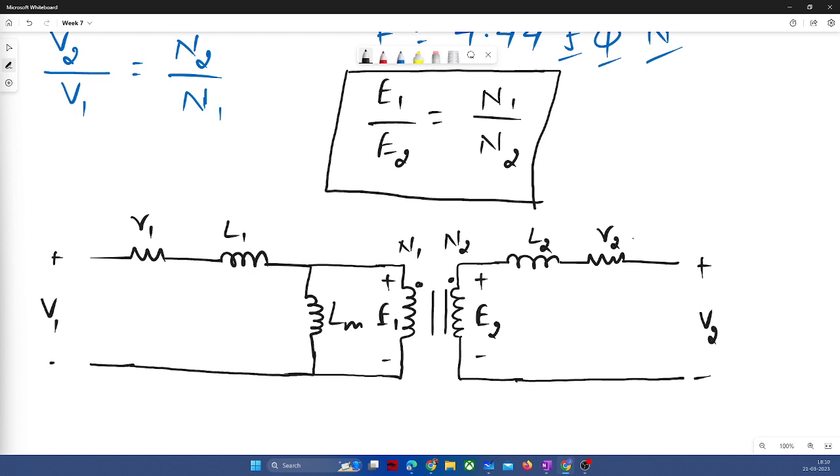Mutual inductance, yeah, you can say, but my purpose behind asking the question is: what is the working of LM, and why denote the LM in the circuit? There should be some significance of LM in the circuit, right? So what does it denote? That's what I wanted to ask.